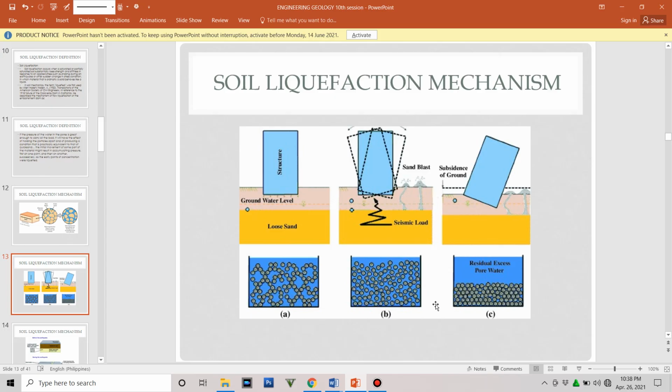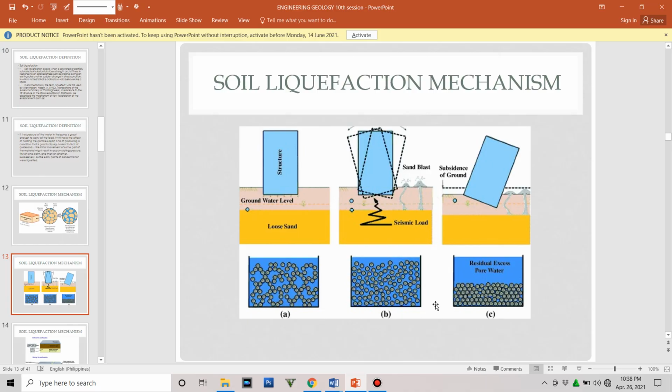So we can see here the behavior of the mechanism. So initially, if we have a structure lying on the loose sand, meron niyang effective stresses. So effective stresses with saturation. Okay?